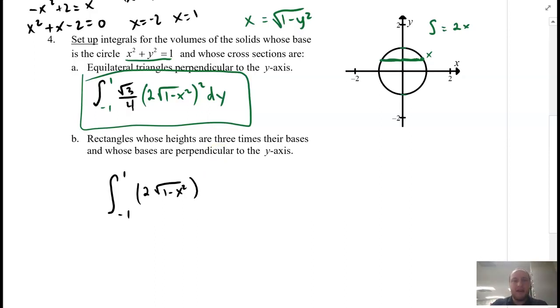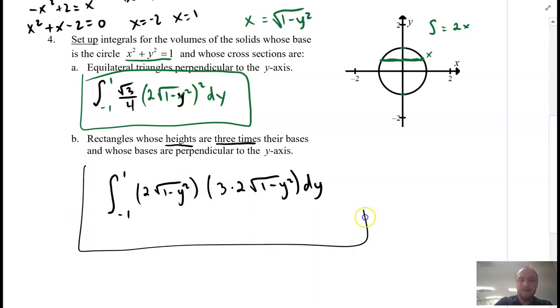But they do tell us that the height is 3 times the base. So if this is the base, then the height is just going to be 3 times that. 3 times 2 times the square root of 1 minus y squared dy. And I have to go back and make some edits. I think I've been writing x squared. I'm so used to everything being in terms of x. It should be y squared, not x squared.